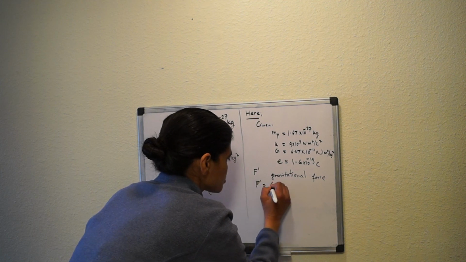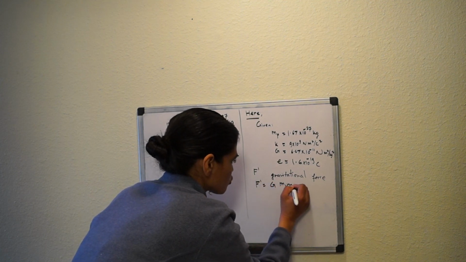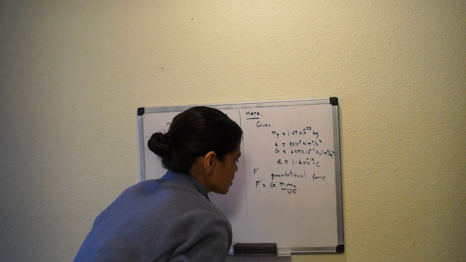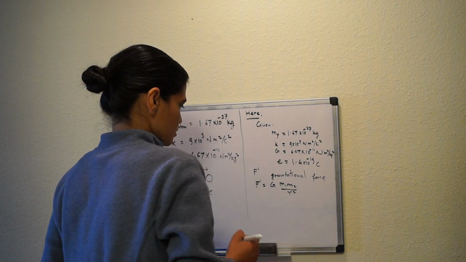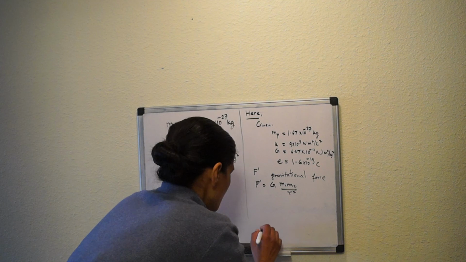F dash equals G m1 m2 over r squared, newtons. Law of gravitation here.